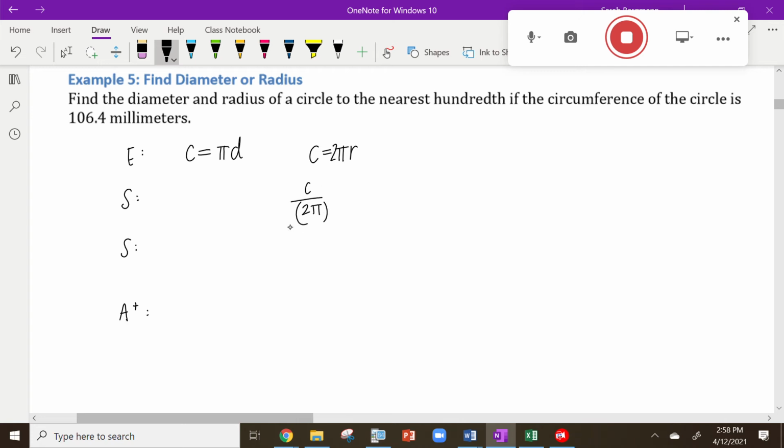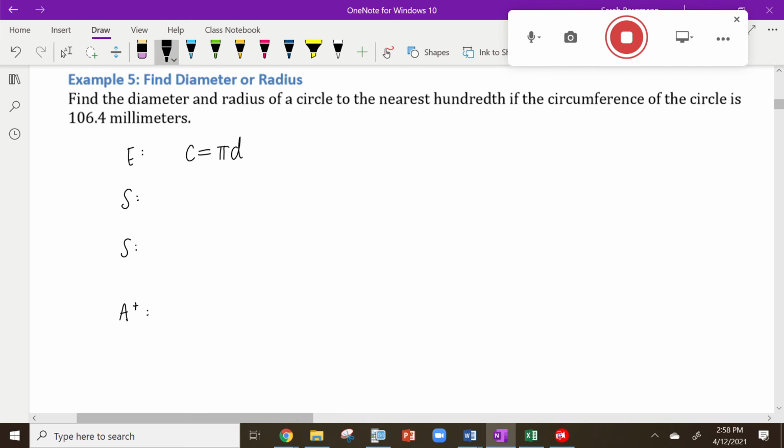If you do not, your calculator will take the circumference divided by 2, and then it will multiply it by pi. Whereas in reality, you want it to multiply 2 times pi first, and take the circumference divided by 2 pi. So if you're going to use the formula circumference equals 2 pi r, make sure you put parentheses around the 2 pi if you're dividing on your calculator.